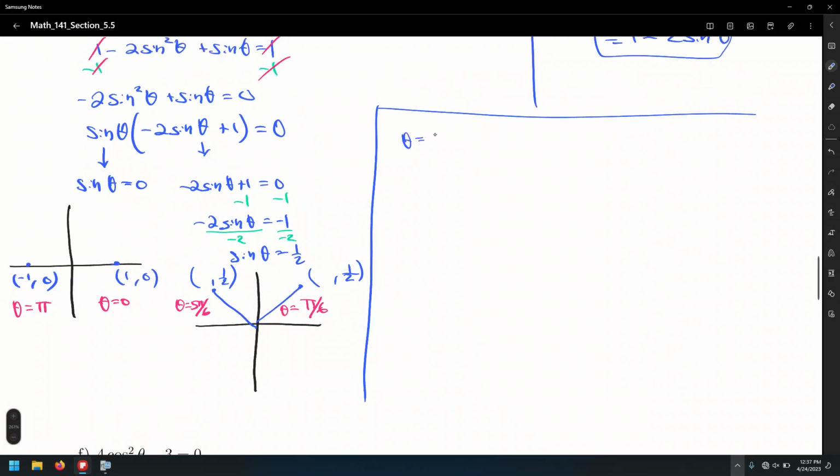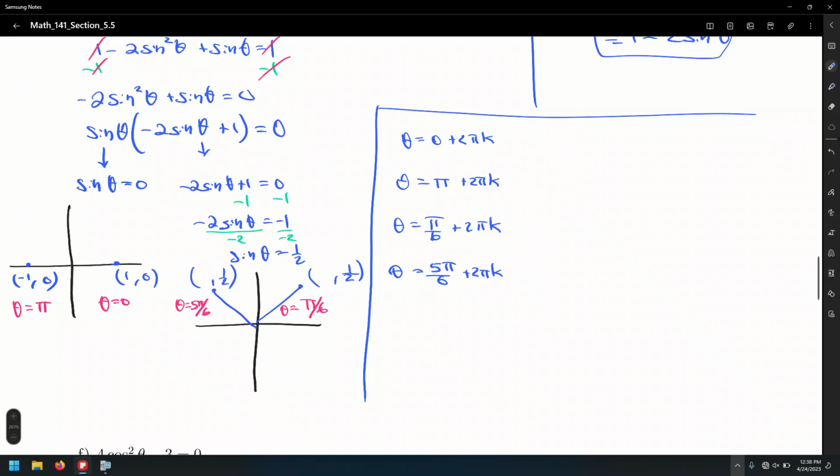Theta equals, number one, 0 plus 2 pi k. Theta equals pi plus 2 pi k. Theta equals pi over 6 plus 2 pi k. And theta also equals 5 pi over 6 plus 2 pi k.